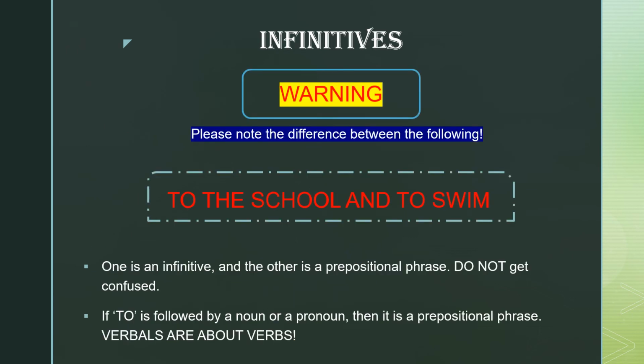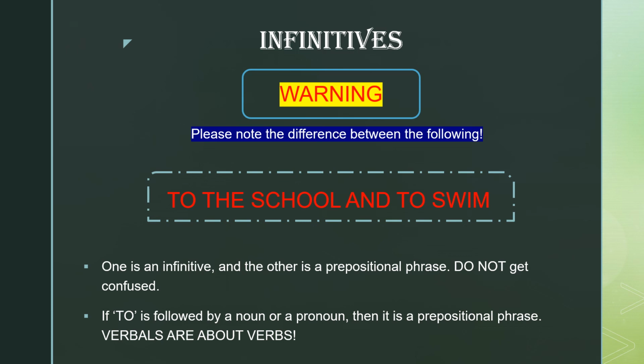Okay, one very important thing here: to the school and to swim. So to the school has the word to, and to swim also has the word to. Of these, only one is an infinitive, the other is not. Whenever you have such words that have to in them, please do not blindly say, okay, because the thing has to, therefore it is an infinitive.